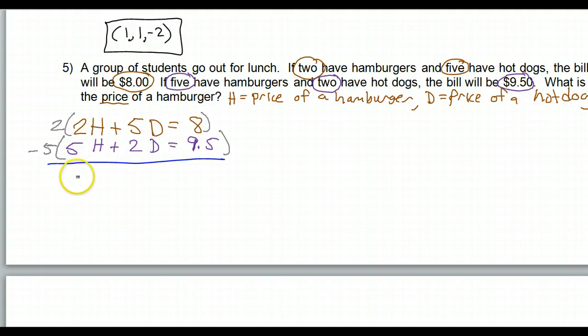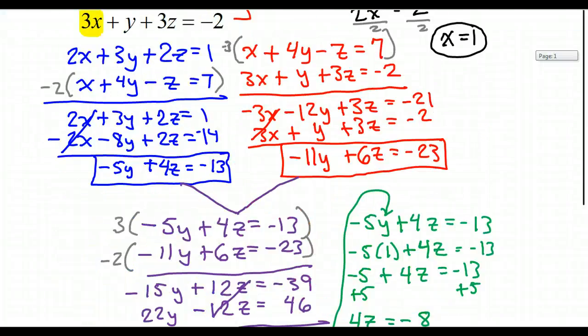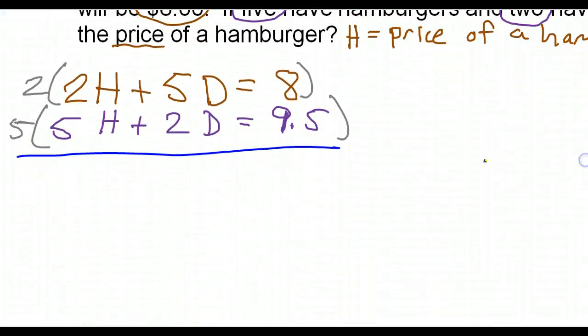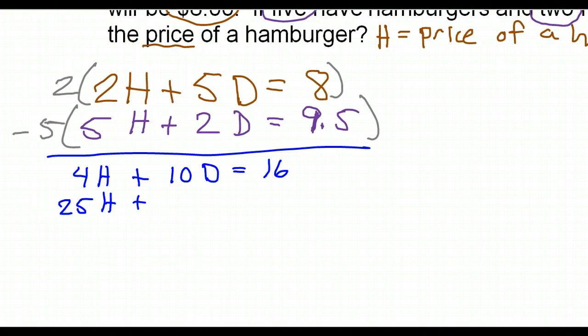So the top equation becomes, let me zoom in a little bit, 4h plus 10d is equal to 16. The bottom equation becomes 25h plus, wait, that's a -5, isn't it? Uh-oh.